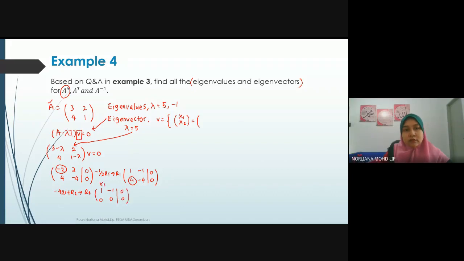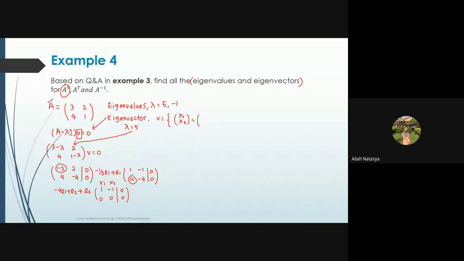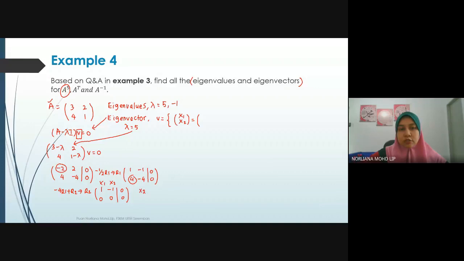Okay, what is the free variable, x1 or x2? x2. So x2 equal to a, where a is a number, and x1 equal to x2, which is a. So the eigenvector equals a times, factorizing a, 1, 1. a is a number.